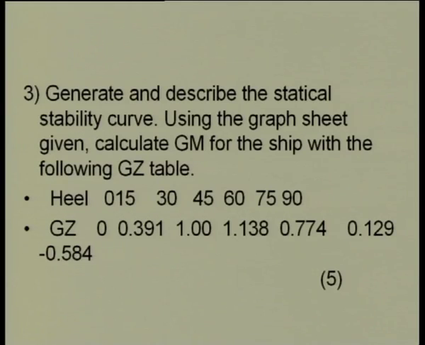This is also very straightforward only, but there is the second part of it. First, of course, you have to explain what is the static stability curve, that curve should be there, otherwise there is no point in this explanation. So what you have to do is draw that curve, and in that curve you have to mention the tangent, and that description should be there, that at 1 radian, if you draw a vertical, that is equal to GM.